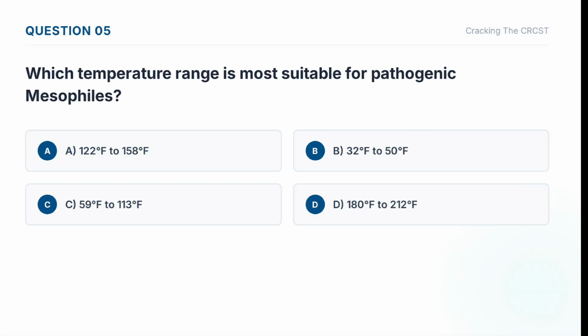Question 5. Which temperature range is most suitable for pathogenic mesophiles? A. 122 degrees Fahrenheit to 158 degrees Fahrenheit. B. 32 degrees Fahrenheit to 50 degrees Fahrenheit. C. 59 degrees Fahrenheit to 113 degrees Fahrenheit. D. 180 degrees Fahrenheit to 212 degrees Fahrenheit.